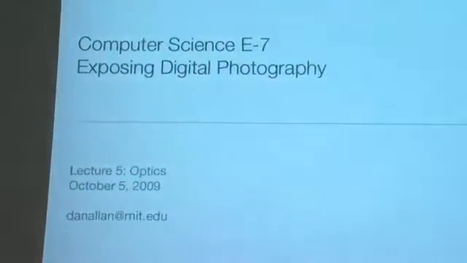So last week we were talking about exposure and metering, how I showed you this very enticing slide, oh there it is, of a gray screen, and basically I said that this is how a camera tries to meter a scene.